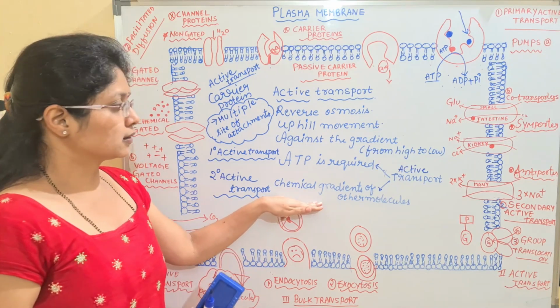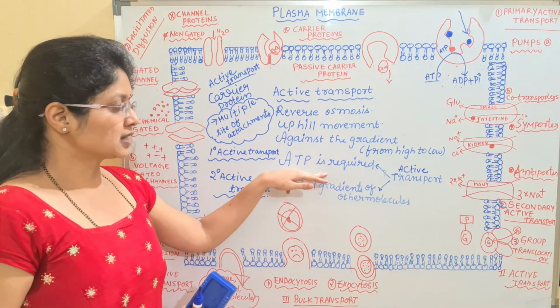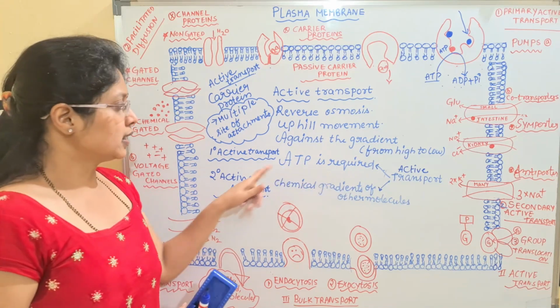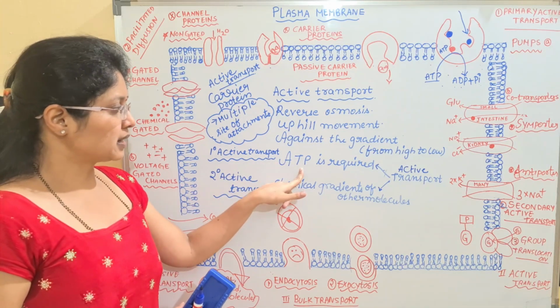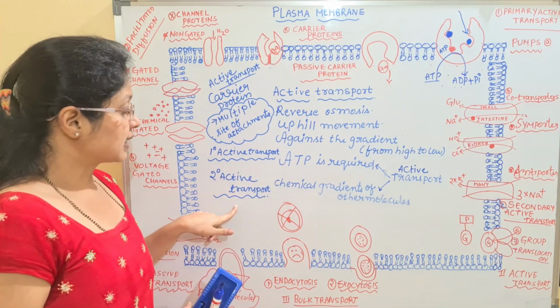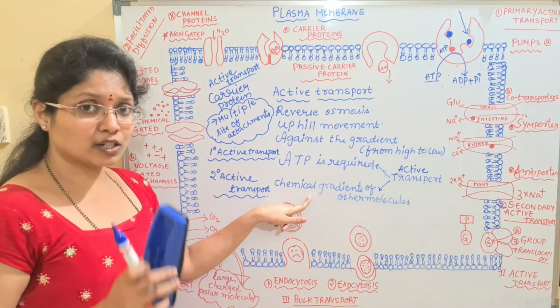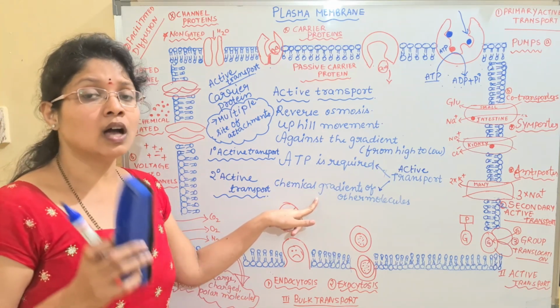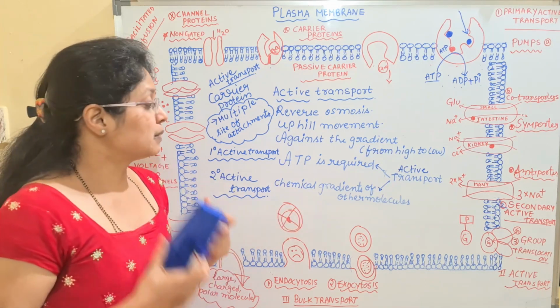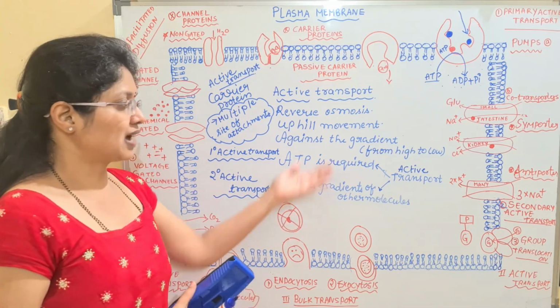And this is regarding the active transport. So based upon the source of energy, it is again divided into primary active transport, where ATP is directly required, and secondary active transport, where ATP is not directly required, but they will utilize the energy of the other molecules' chemical gradients. This is what we have discussed.